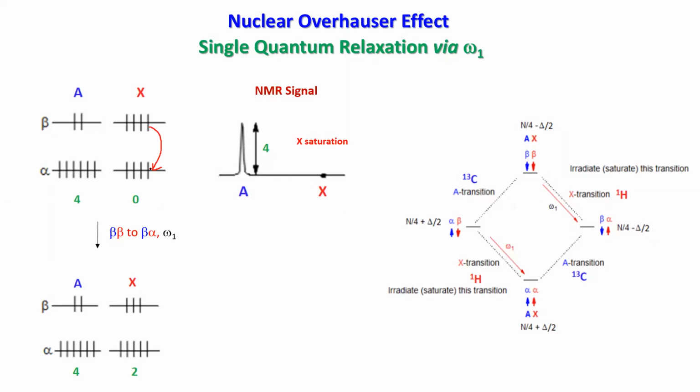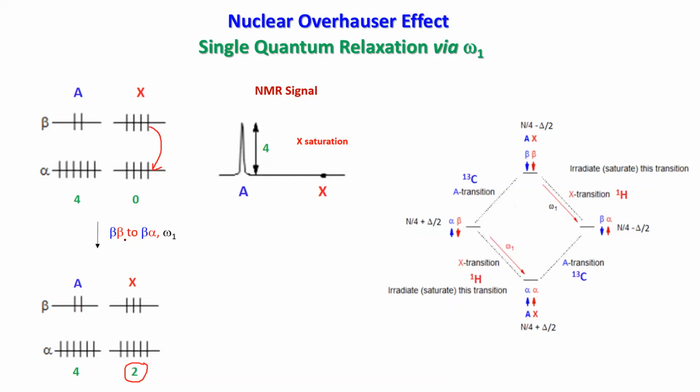X, having population at the beta state, will be 3, whereas the alpha state will now have 5. So what will be the excess nuclei for X? It is 2, right? 5 minus 3 is 2, whereas on that route you don't have any change to the excess nuclei corresponding to A, so it remains the same.